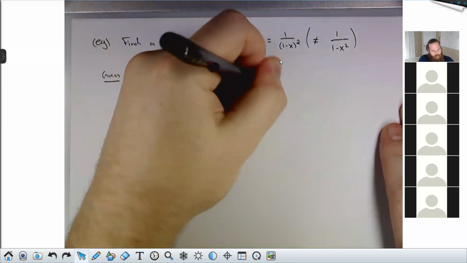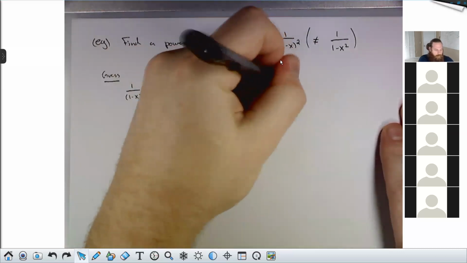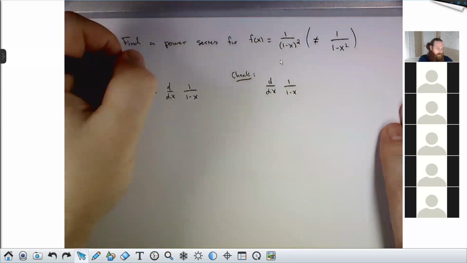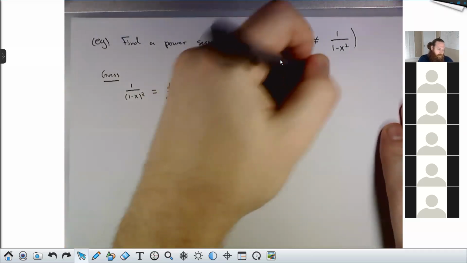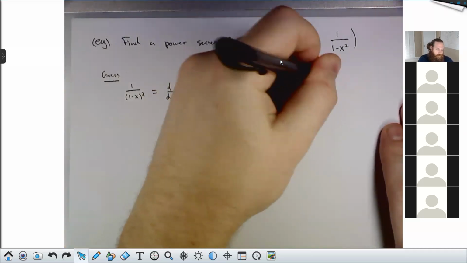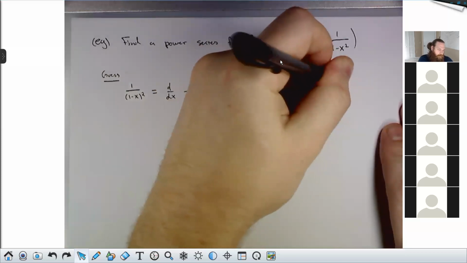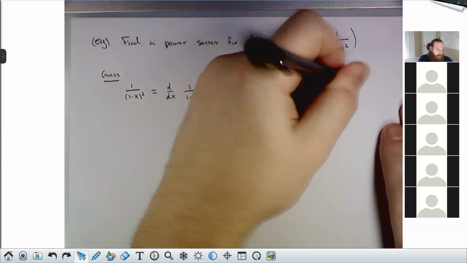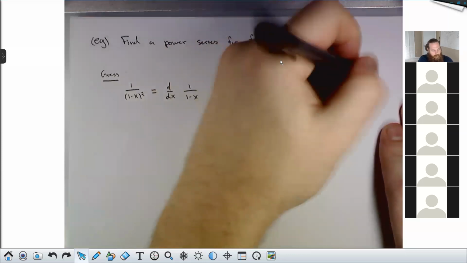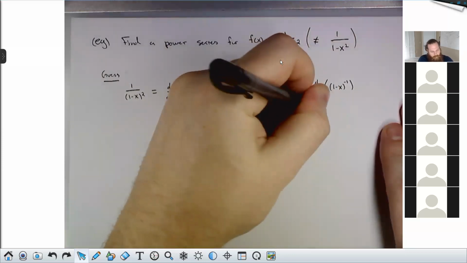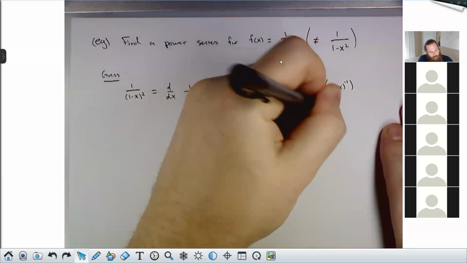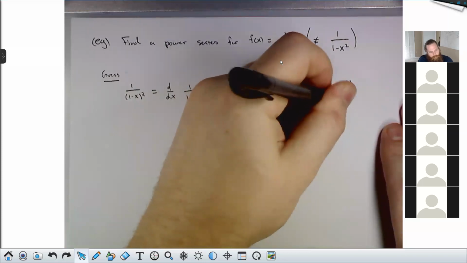So if I go ahead and take the derivative of 1 over 1 minus x, do I actually get that? Well, that's the derivative of 1 minus x to the negative first power. So I will get a negative 1 times 1 minus x to the negative 2.